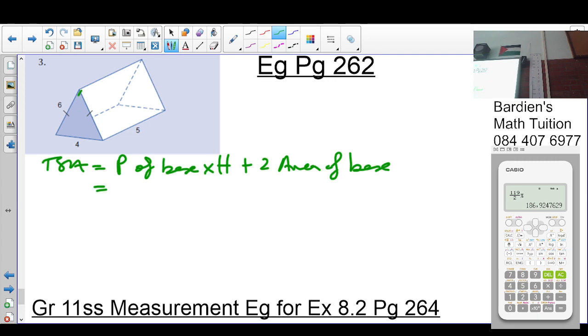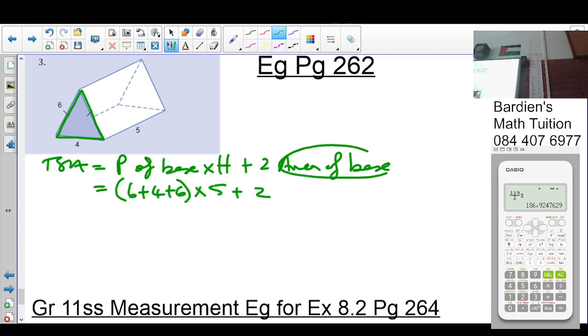So the perimeter of the shape is going to be 6 plus 4 plus 6, times the height, which is 5, plus twice. What type of shape is this base? A triangular base. How do you calculate the area of a triangle?